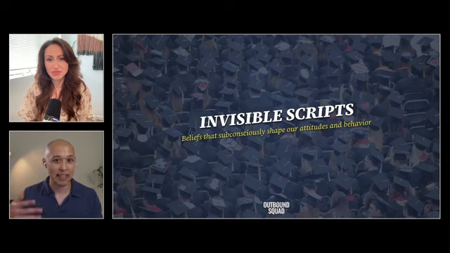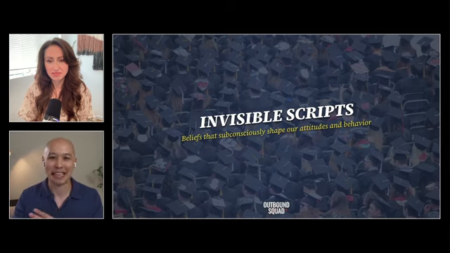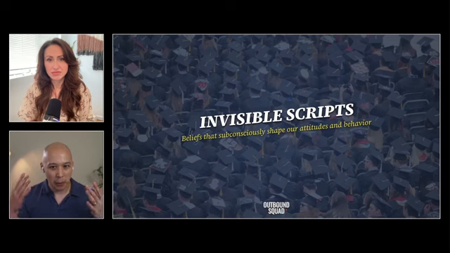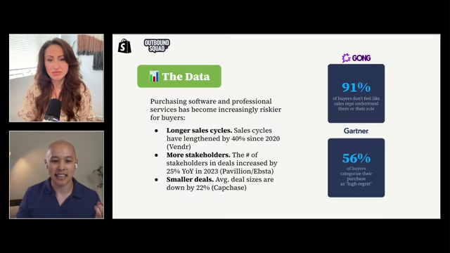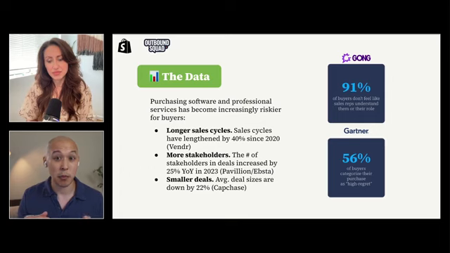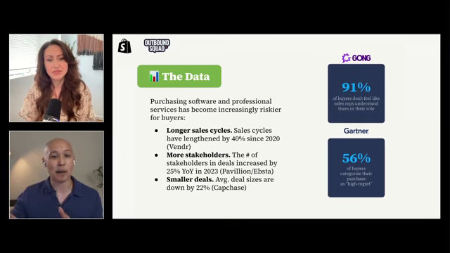What might come to mind is, oh, this person's super salesy. I'm getting another cold call. This person just cares about getting my money from me. Right? We have all of these invisible scripts that our buyers have about us, and the data actually reflects this as well. The reason I think this is important to share before we get into outbounding techniques is that it's super important to sit in the seat of our customer.